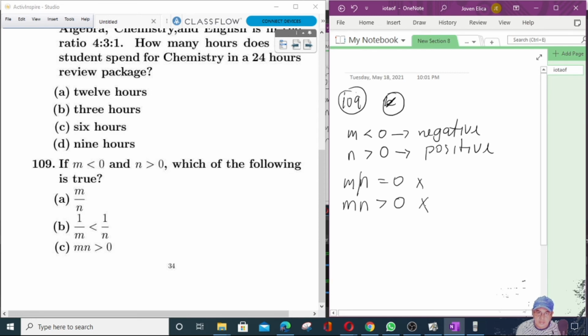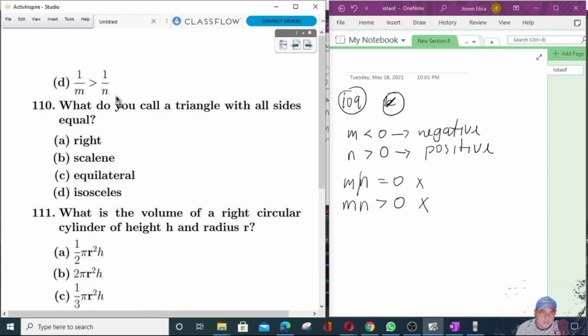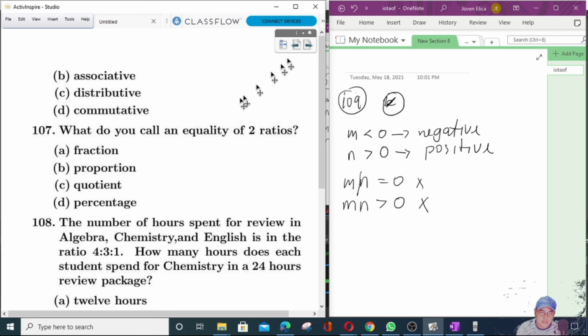So two choices are definitely incorrect. The only two choices left are letter B, which is 1 over m less than 1 over n, and letter D, 1 over m greater than 1 over n. They are the same, but letter D is greater than, and B is less than.